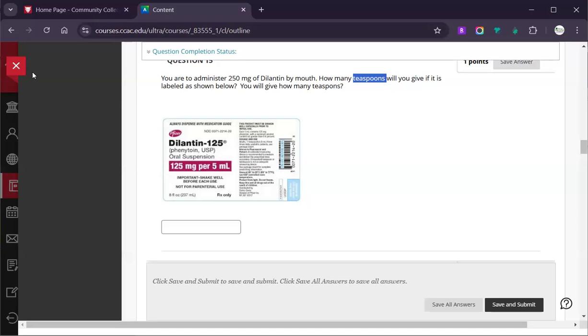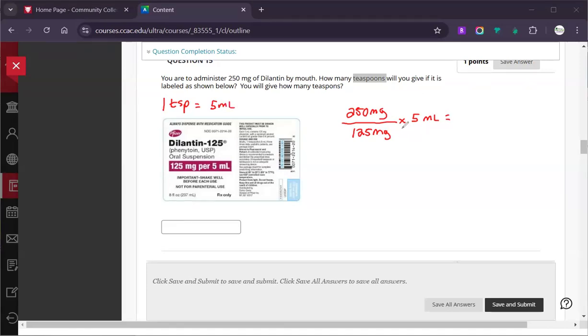You can take your order, which is the 250, over your available, which is the 125. You can find out how many milliliters that is. So that's one method. Or if you remember that 1 teaspoon is equal to 5 milliliters, you could also just substitute this.